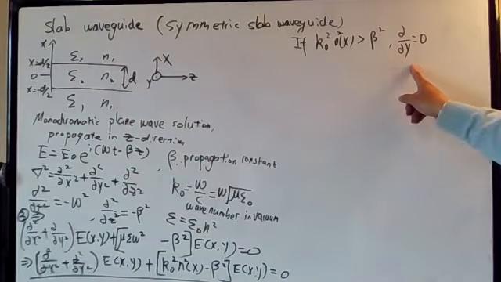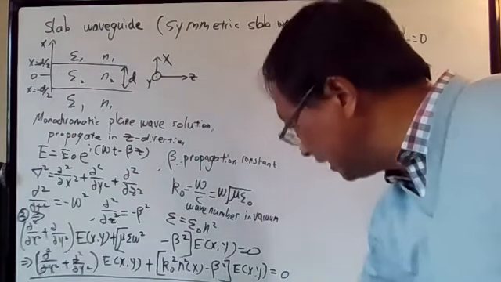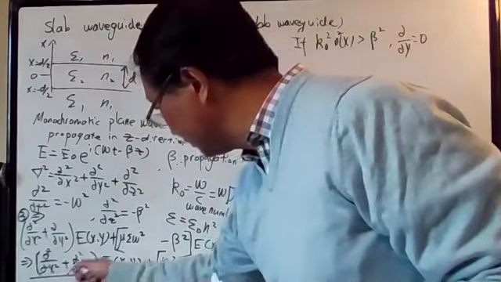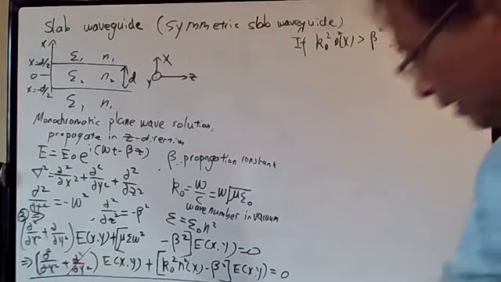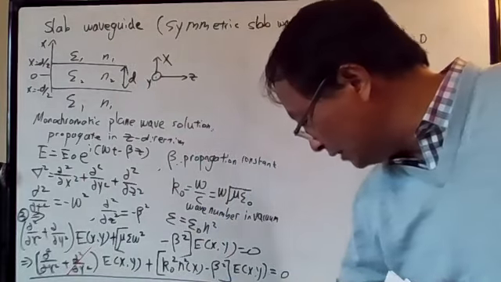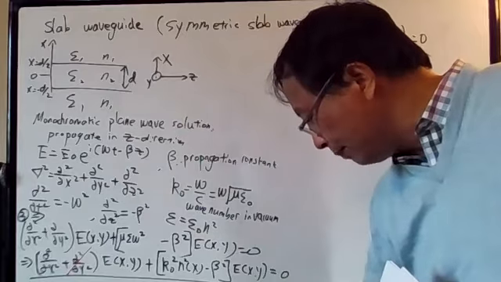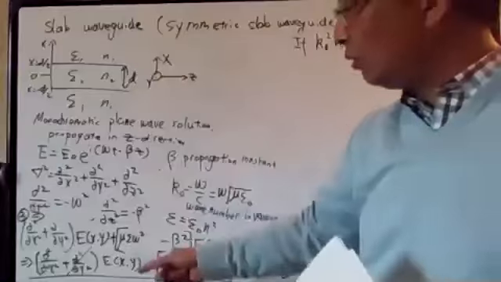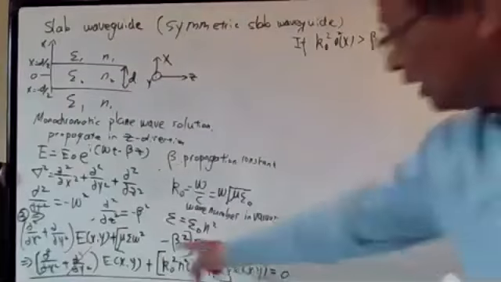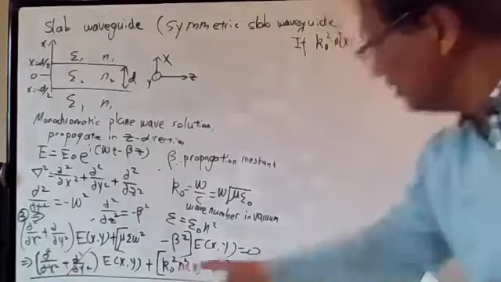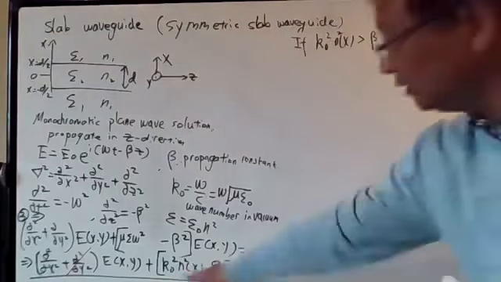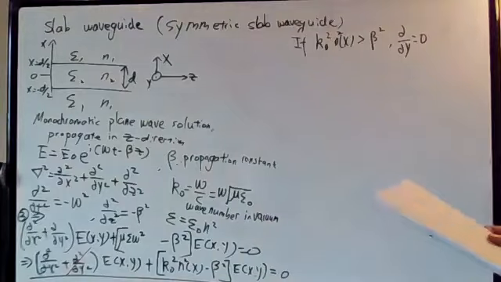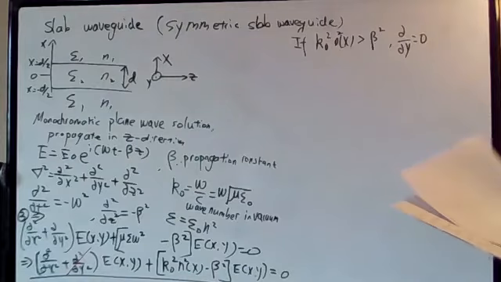So partial y will be 0. So now let's just remove this term, right? Partial y will be 0. I write this equation so it's more general, but in this problem, partial y will be 0. And then let's look at this term. If this is positive, right?